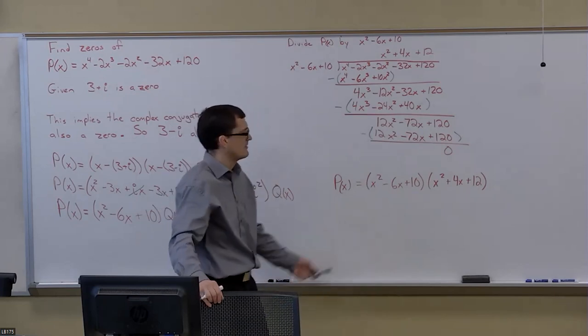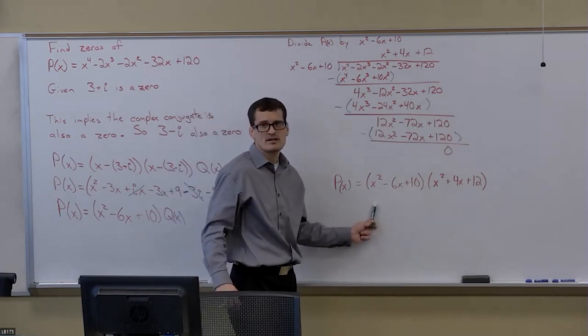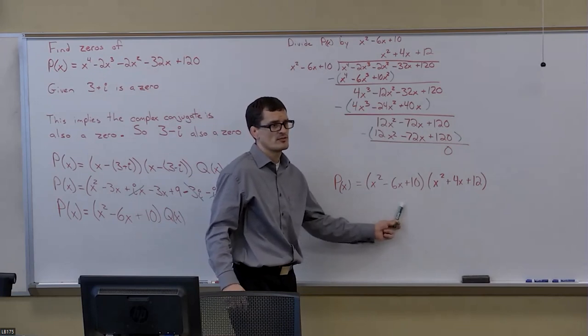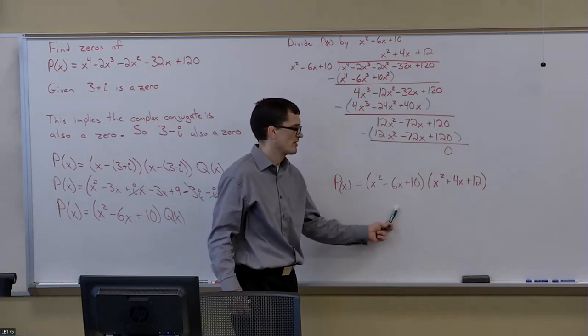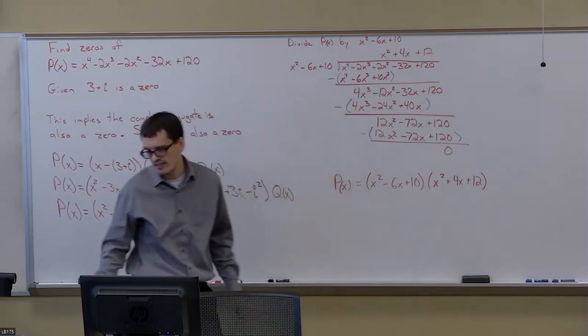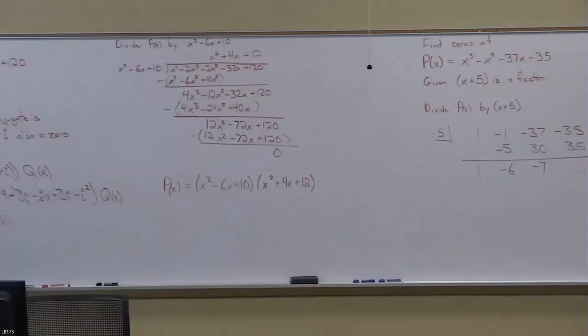I already have the zeros for this quadratic, right? 3 plus i, 3 minus i. So I guess the only thing I really need to do is get the zeros for the other quadratic.